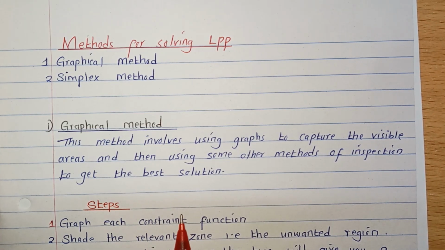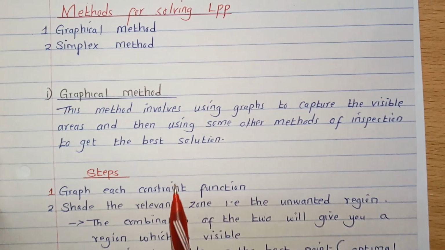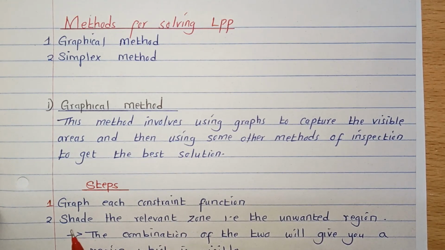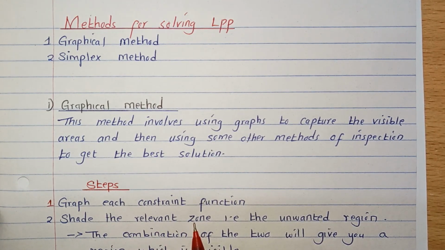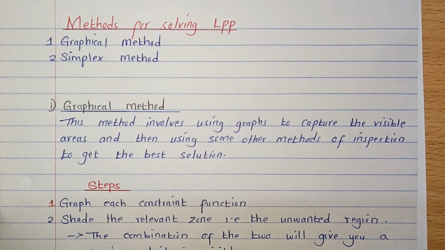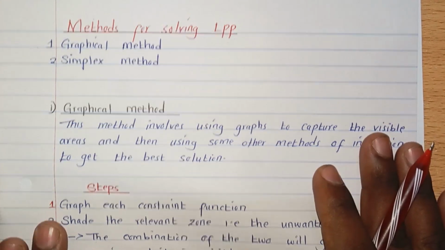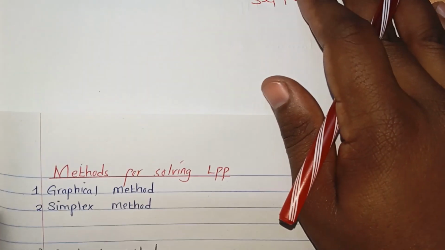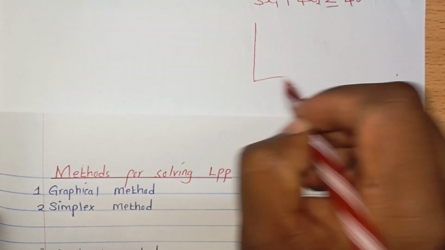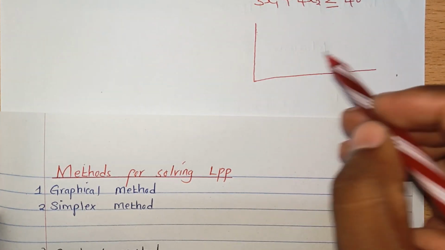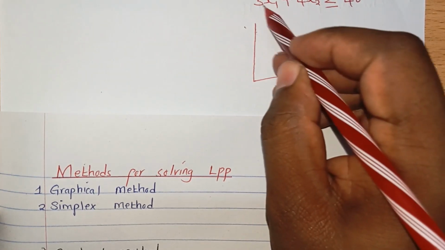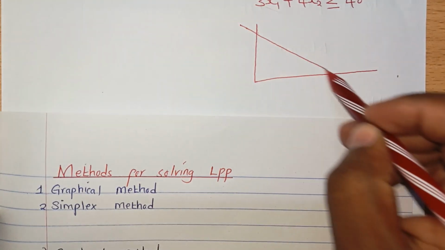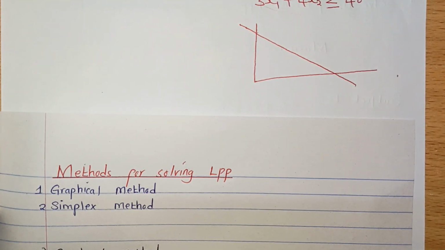Then after you have graphed each constraint, you proceed to step number 2, which is shading the relevant zone. Because we want to get that relevant zone, we need to shade the unwanted region. Assume in the graph that we have plotted, this constraint's curve appears that way.